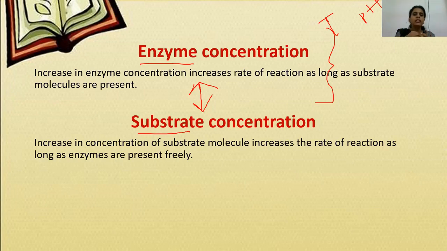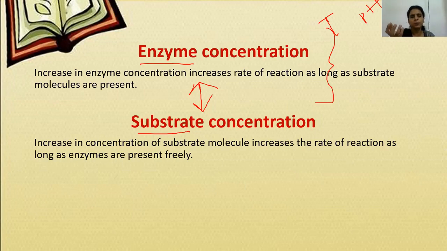For example, if you're increasing enzyme concentration, the rate of reaction will increase only up to a certain point, that means the point till where substrate molecules are present. Once substrate molecules get over, the rate of reaction will drop down. And similarly, if substrate concentration is increased, enzymes will break down these substrate molecules into product at a slower rate, because substrate molecules are more and enzyme concentration is less.